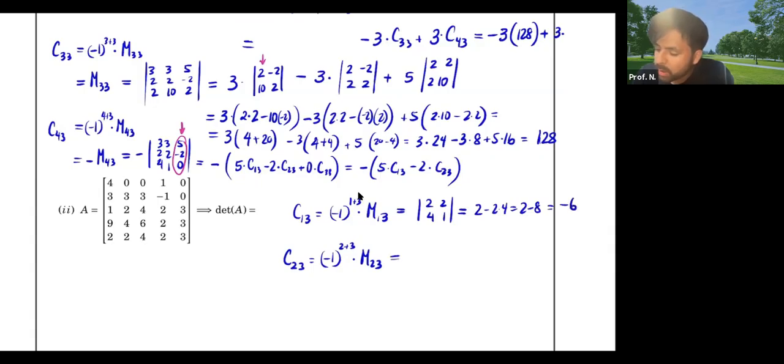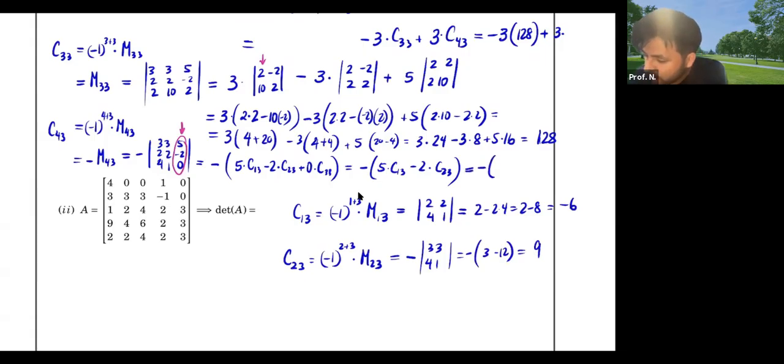What's M23? This will be a negative determinant. For M23, you get rid of the second row, third column. I have 3, 3, 4, 1. Negative of that will be 3 times 1 minus 12, so 3 minus 12 is negative 9, times the negative, it's positive 9. So this is what I have.